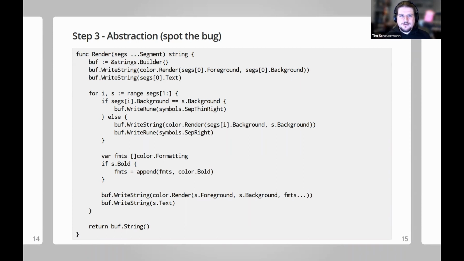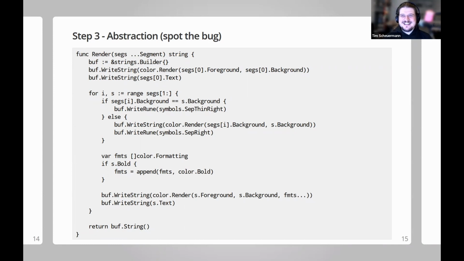So what remains? We have a first candidate for a bug. There is segments of i, and we have s, which is probably segments of i too, and shouldn't it be i minus 1? Is the question, because you start iteration from... Yeah, that's not a bug.